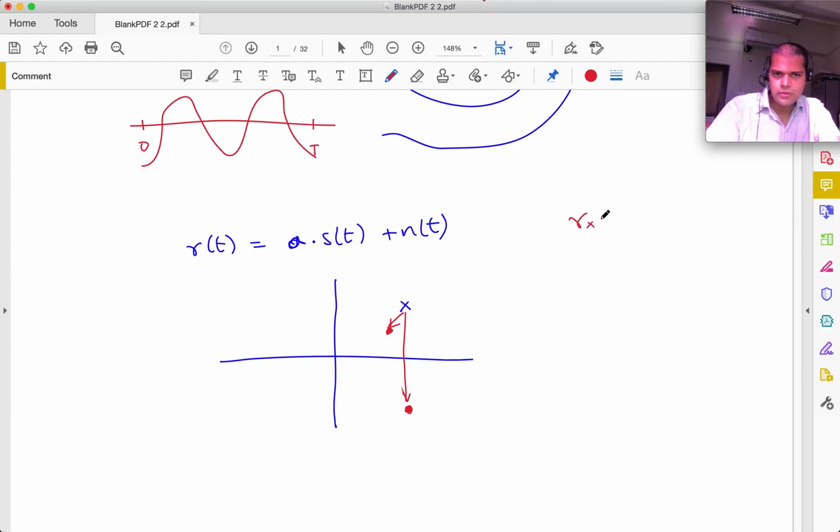So the x component is just a times what was transmitted plus the noise, and the y component is a times what was transmitted plus noise. Okay, so Sx and Sy are the coordinates in this particular space, plus Nx and Ny, and these are Gaussian distributed.